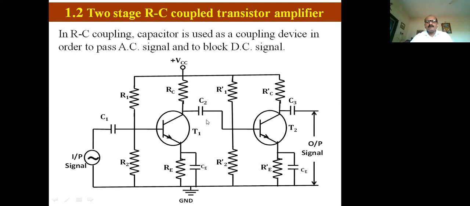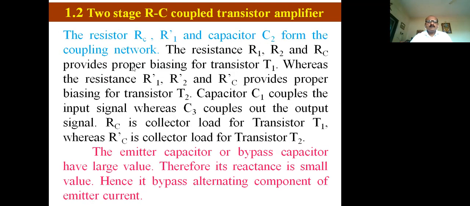This is called an RC coupled amplifier. Here Vi represents the input signal, and we get the output signal Vo. This is the emitter capacitor.